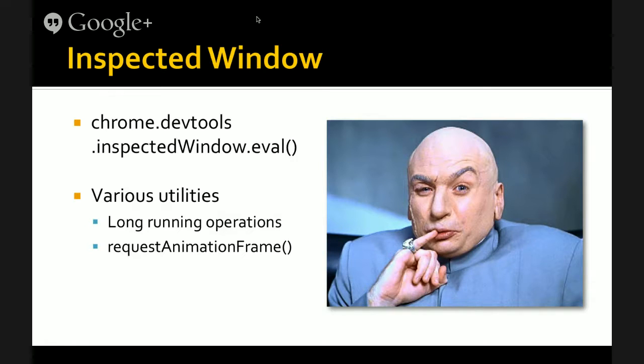But the next time you call inspectedWindow.eval, you could stop the animation frame or stop that setTimeout, and then return the data it was caching locally into my DevTools page. It sounds like a hack because ultimately it really is, but that's the way Chrome has twisted my arm into building my extension.